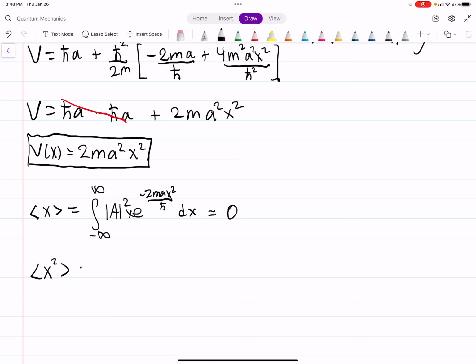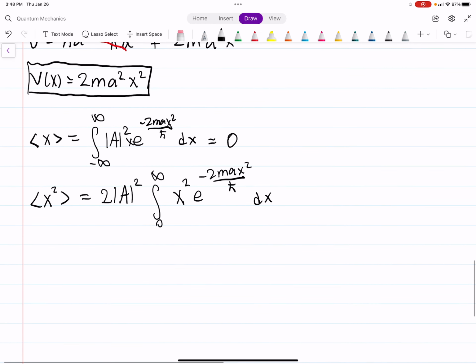For x squared, we're going to do essentially the same thing. First off, it's going to be an even function now, because an even function times an even function is even. So I'm going to do the same integral trick here: x squared e to the minus 2m a x squared over h bar dx. This is just a matter of solving the integral, using an integral table or integration by parts, up to you.